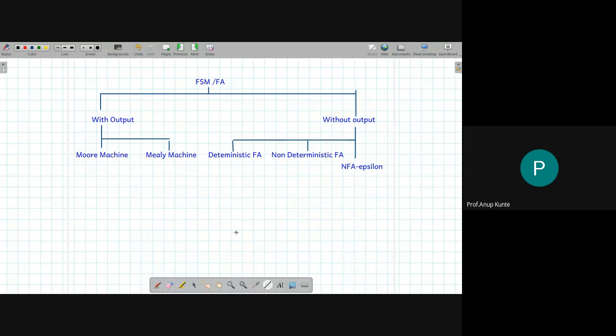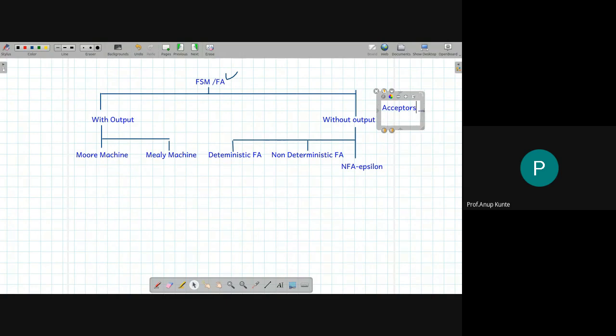So we started off with the definition of what is finite automata so far. Initially, when I taught you the definition of finite automata, I never told you whether we are talking about a device that can give output or a device which cannot give output. We assume that our device is an acceptor device. So all these devices here have the property of being called acceptor devices.